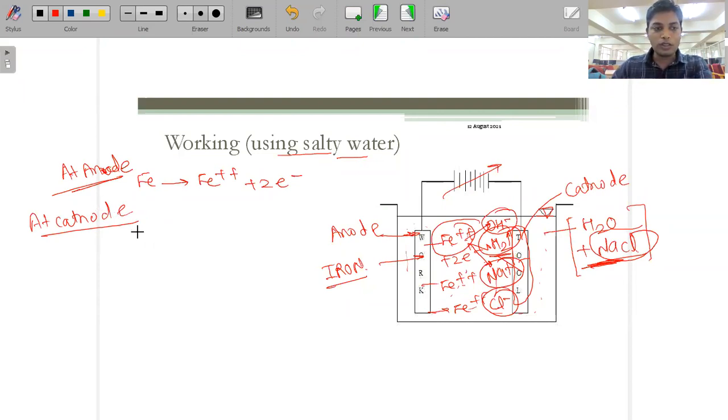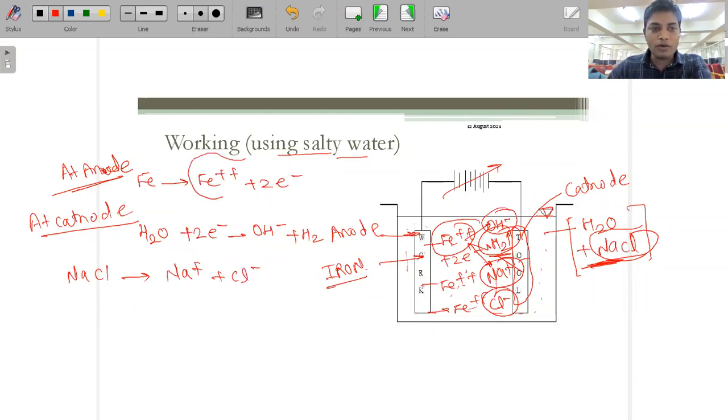So H2O reacts with two electrons and releases OH minus ions plus H2. Now NaCl is also there, so as it reaches the potential difference, it also releases positive and negative ions.